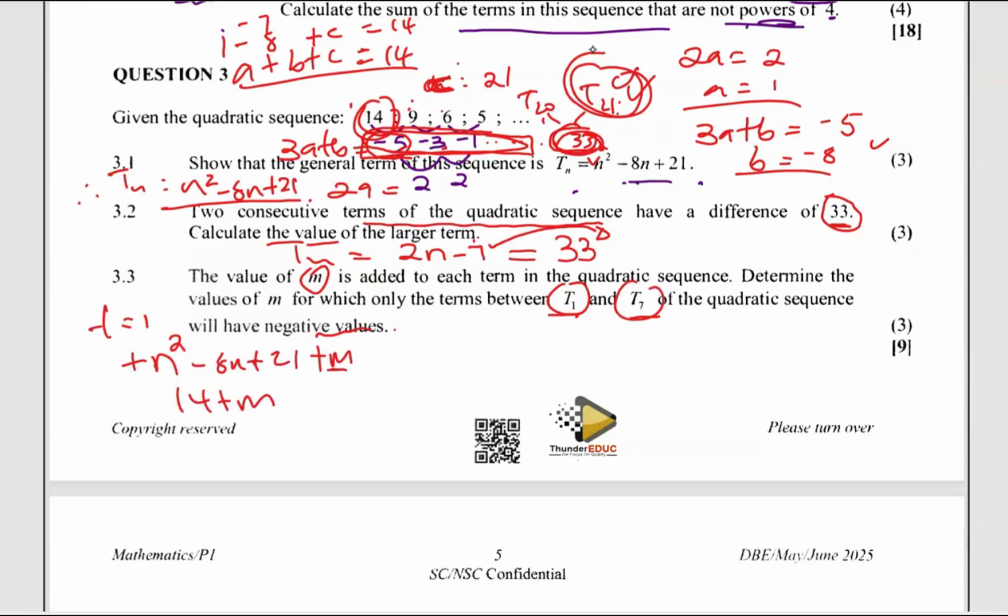And then at the point where we have T7, let's substitute there and we get 7, and then we add your m. So the same thing, and then we focus on T7.